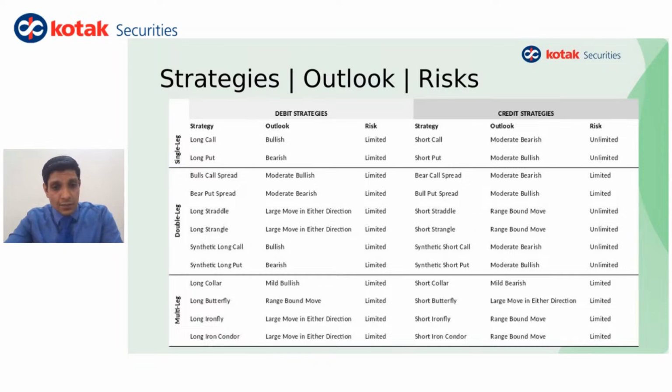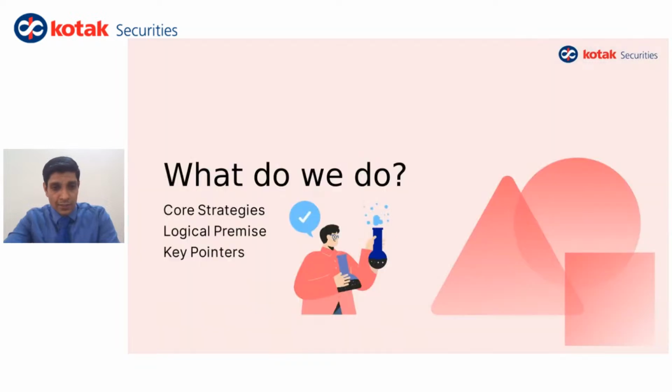So these are the various strategies which are there at your disposal, and based on your risk profile, and more importantly on the outlook of the market, you will choose one of these strategies, right?